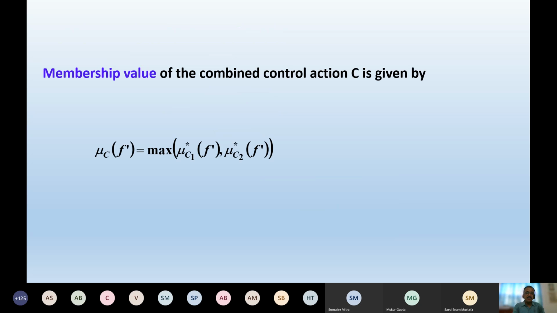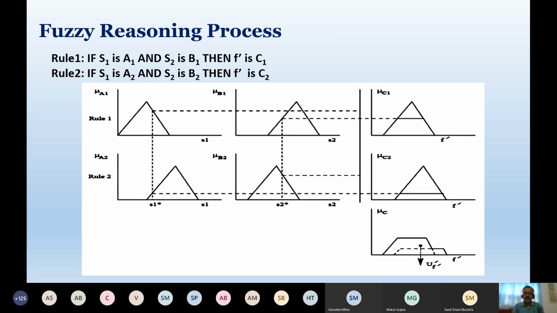Let me go back to that figure once again. For example, corresponding to the first fired rule, I'll get this truncated triangle as the output. We try to find the area of this trapezoid. All of you know how to find the area: half into the sum of these two sides multiplied by height.